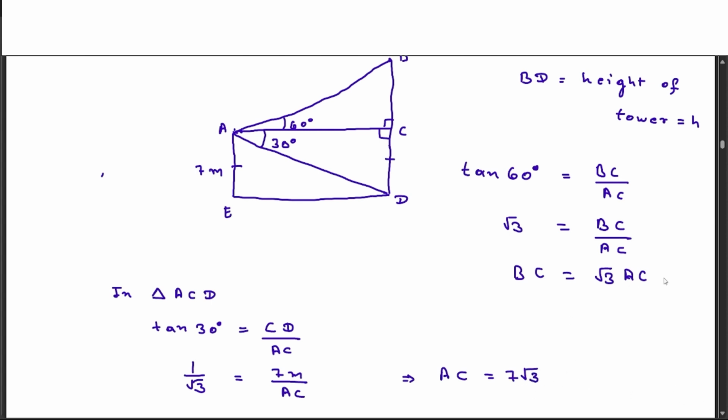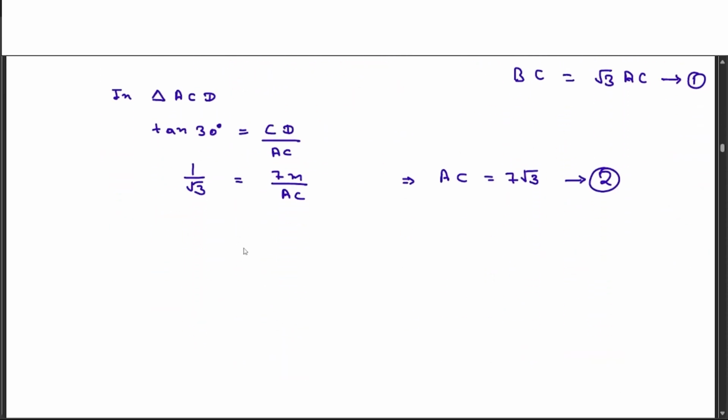Now you can say this is your equation 1 and this is your equation 2. So now we can say, from equation 1 and equation 2.